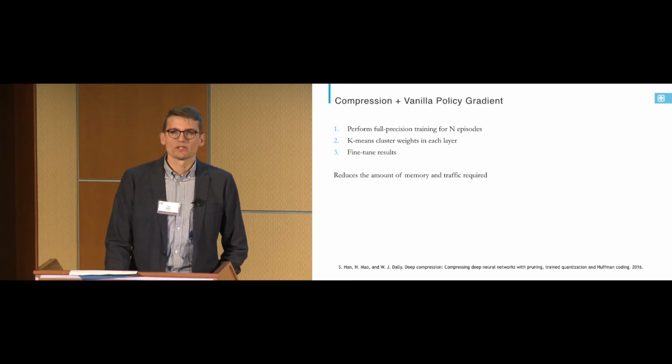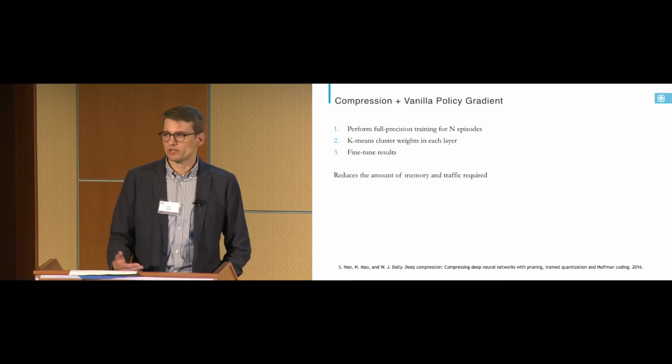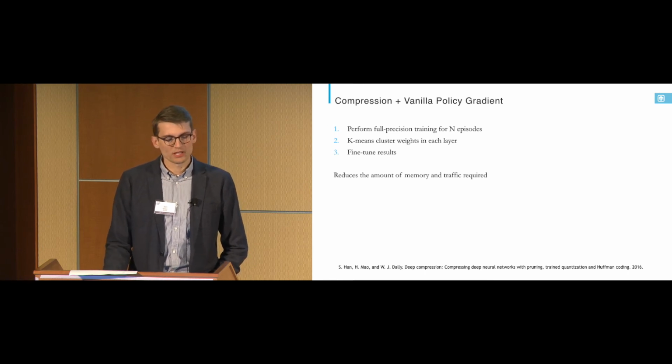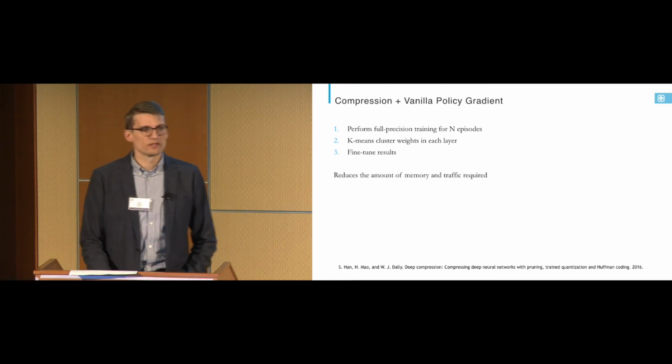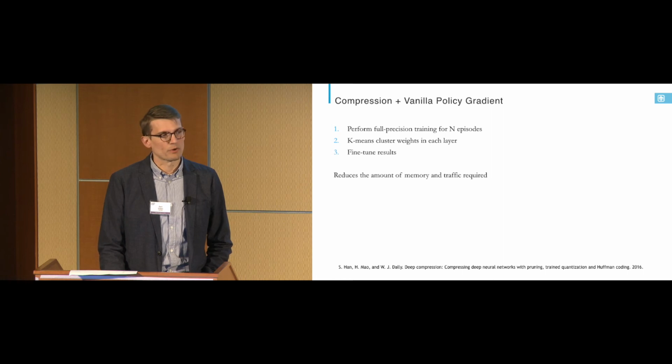The last optimization we looked at is weight sharing, and with weight sharing we also train with full precision until we achieve adequate performance. And then we use k-means clustering of the weights in each layer, and we lock all of the clustered weights to the same value from that point on, and then we fine-tune the remaining locked weights. And this reduces the amount of memory and traffic that you need in order to load the weights into your accelerator from memory.